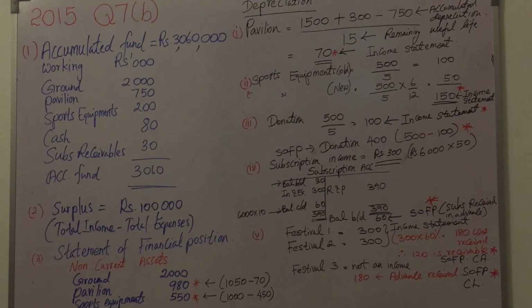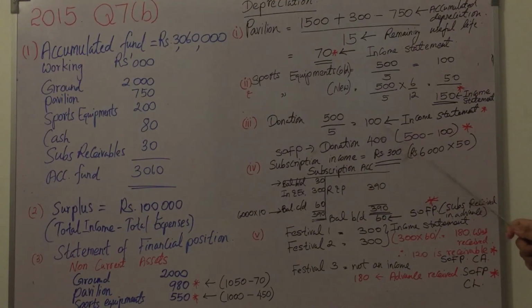Right. And apart from that, for sports equipments they received this donation 500 that we found in the receipts and payments account, and they say it is their policy to recognize donation in income over a period of 5 years. So 500,000 you need to divide by 5 to identify the donation income relevant to the period, that is 100,000.